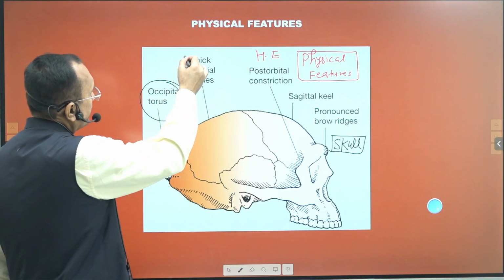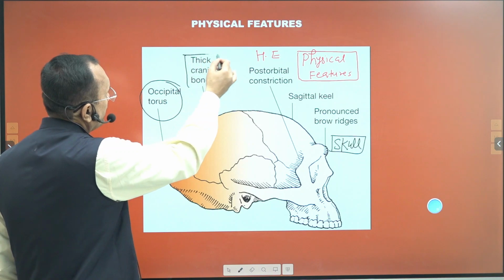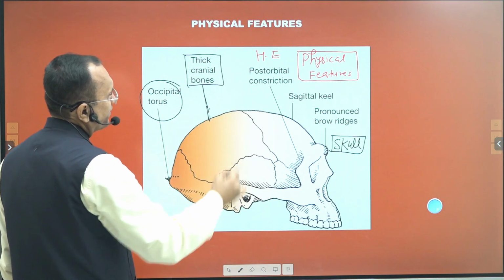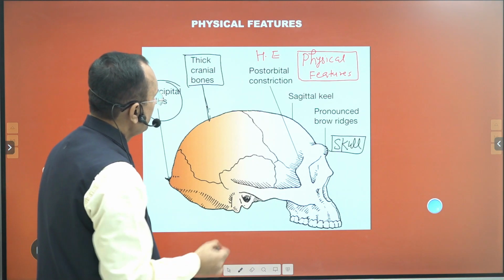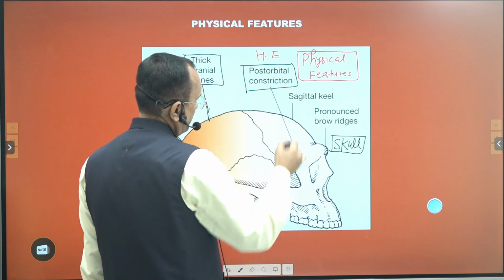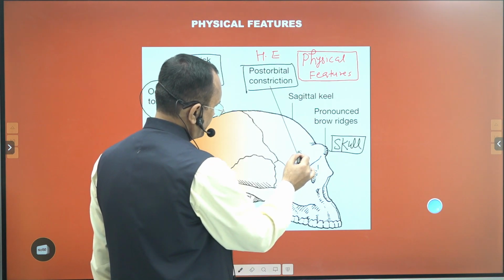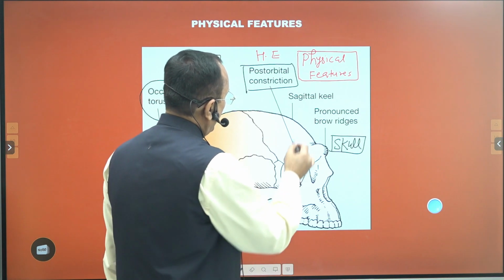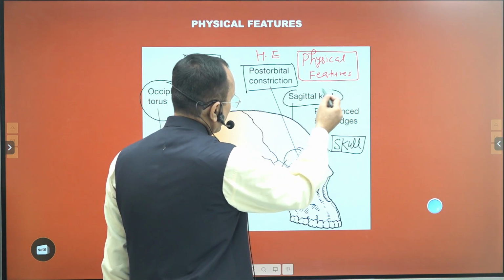And Homo erectus had thick cranial bone, right? This is the thickness present. And here you can also see the post-orbital constriction in Homo erectus, and that is the sagittal keel of Homo erectus.